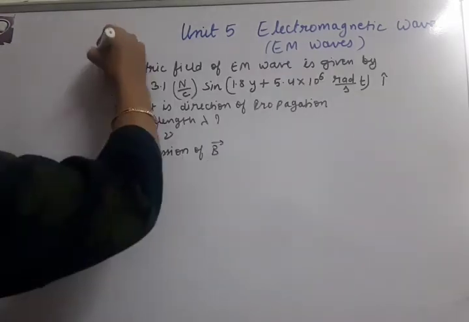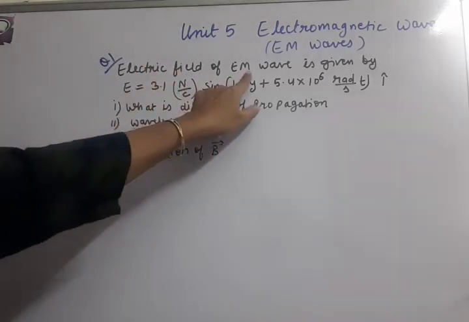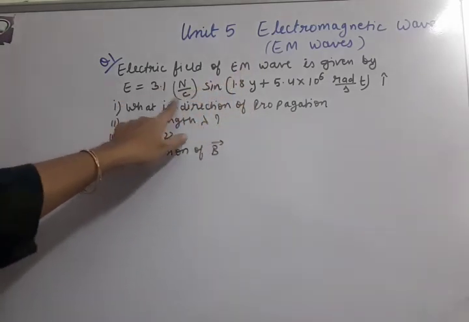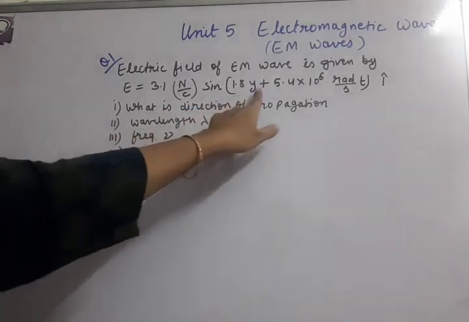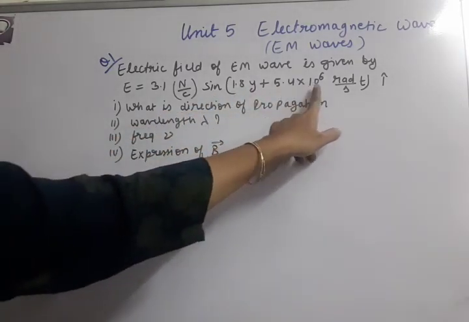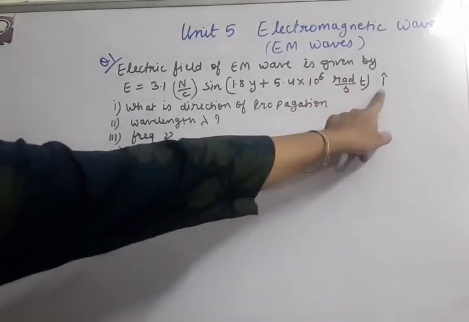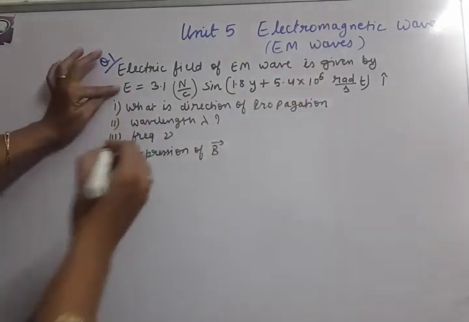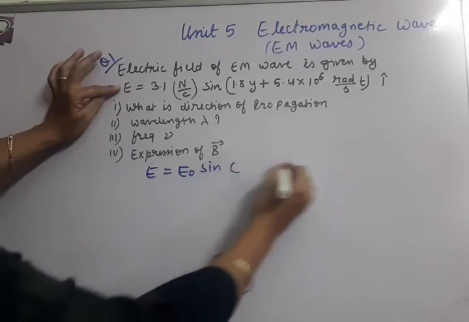Question number 1. The electric field expression of an EM wave is given as 3.1 Newton upon Coulomb sin of (1.8 y plus 5.4 into 10 raised to power 6 t), I cap. These are just the units given. So you can see this expression we can match with our general expression E equal to E0 sin bracket.